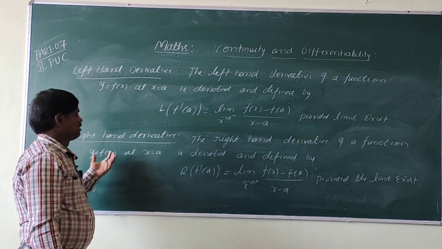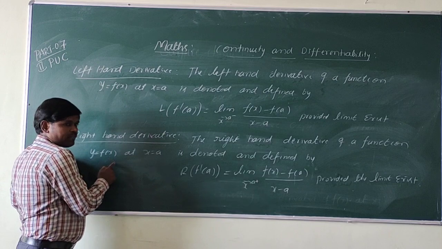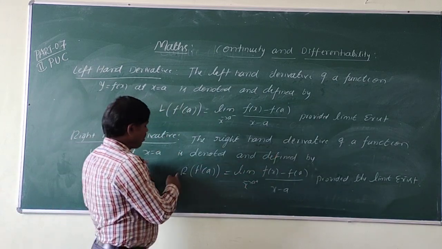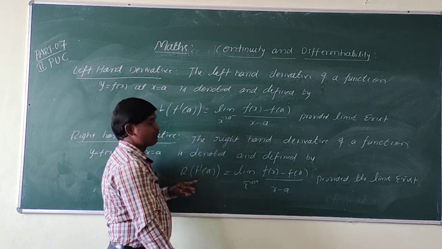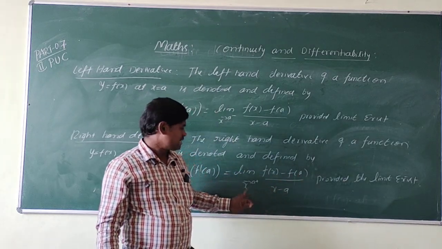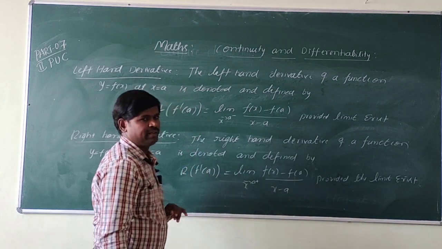Similarly, the right hand derivative of a function y is equal to f of x at x is equal to a is denoted and defined as follows. The right hand derivative of f of x at x equal to a, that is f dash of a, is equal to the limit of f of x minus f of a divided by x minus a as x tends to a plus, from the right of a, provided the limit exists.